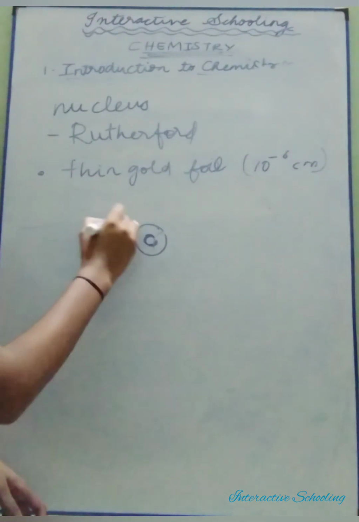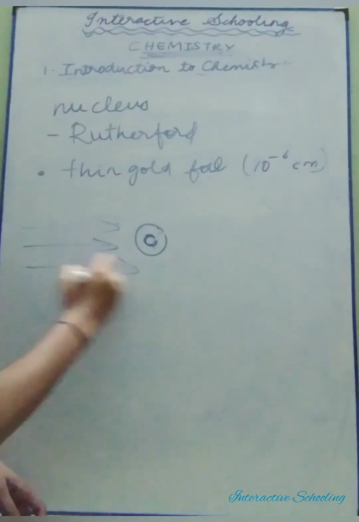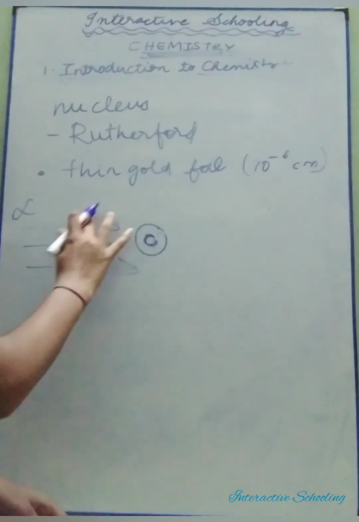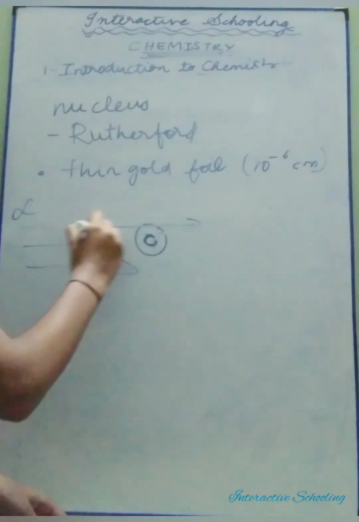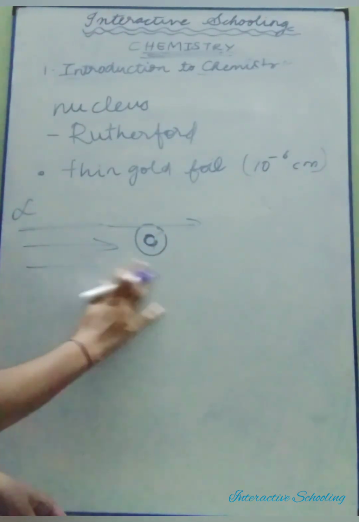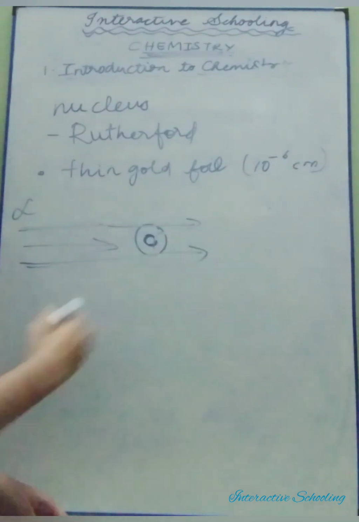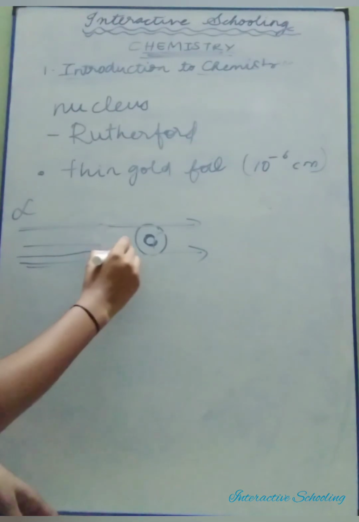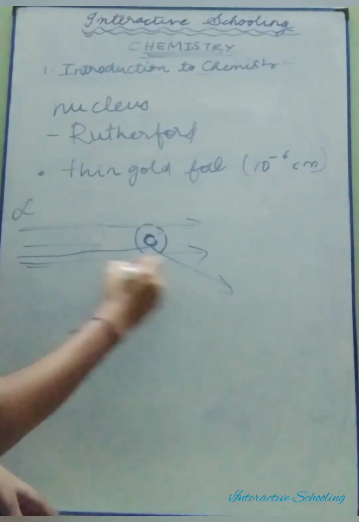So he sent some alpha particles like this. When they went here, some just passed through. Some passed through like this. Some of them were deflected at very large angles like this.